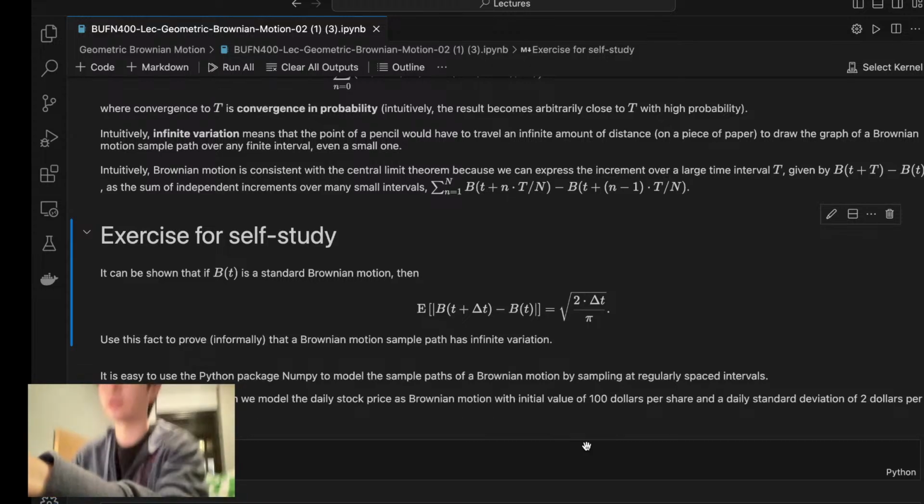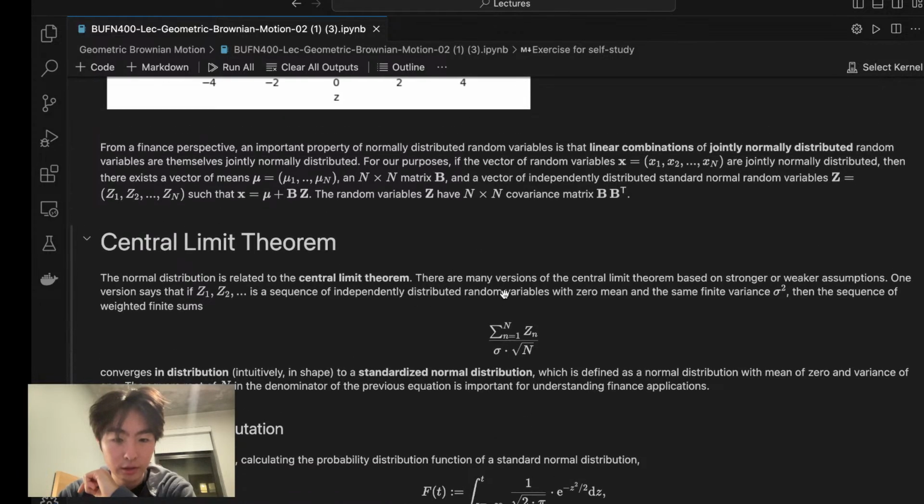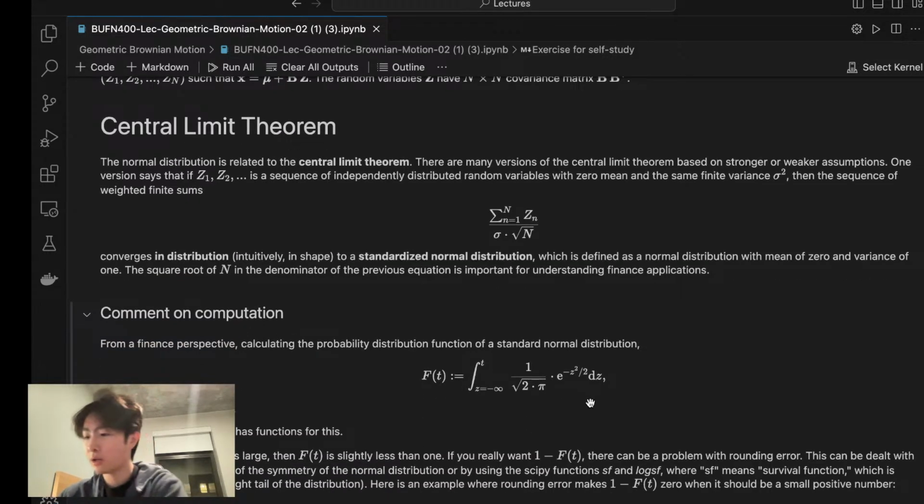Okay, so I'm gonna look up the formula for the normal distribution, the standard normal distribution.